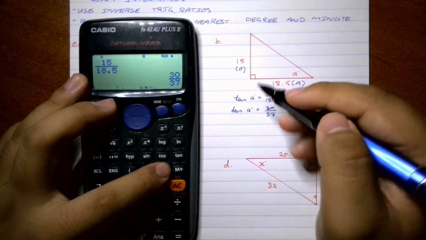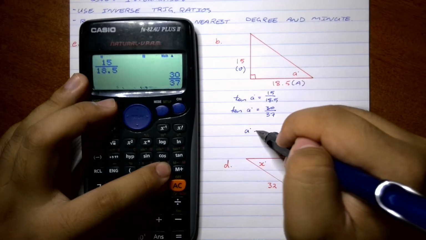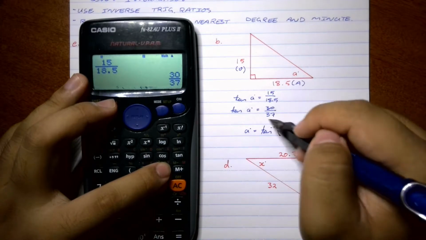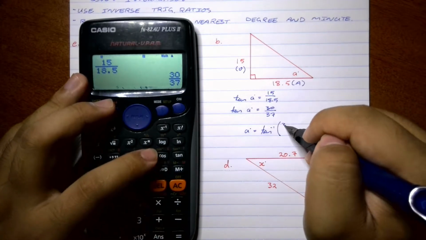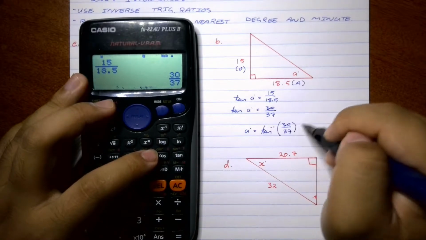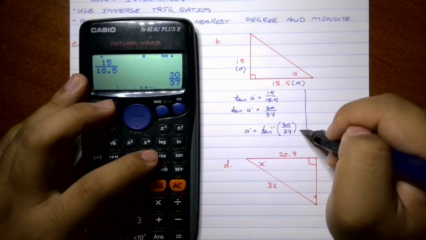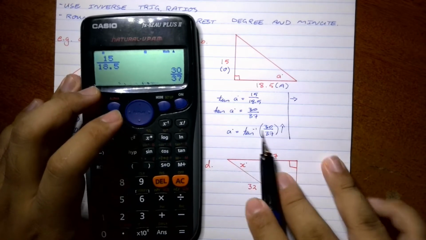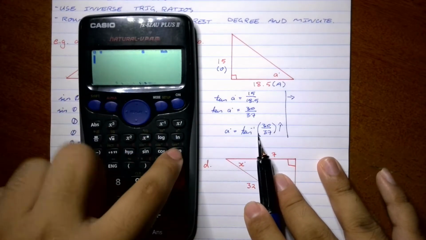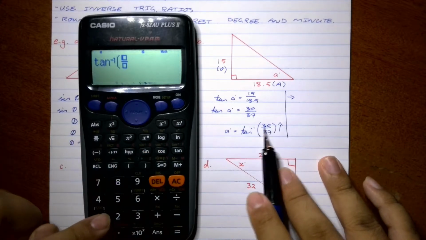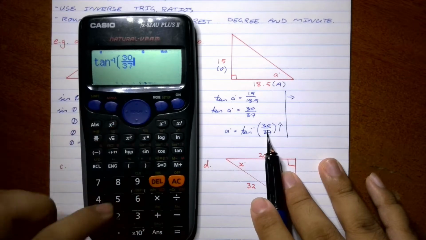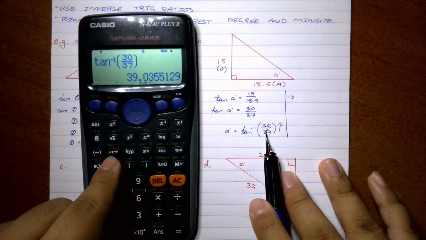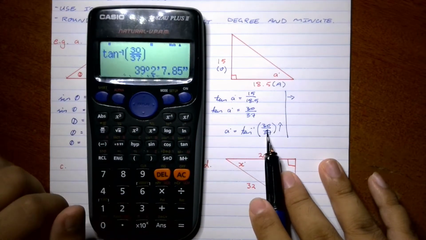Then we take the inverse: A degrees is equal to tan inverse of 30 over 37. We input this value into our calculator: shift tan, fraction 30 over 37, close the fraction. Then we convert this using the DMS button, degrees, minutes, seconds.